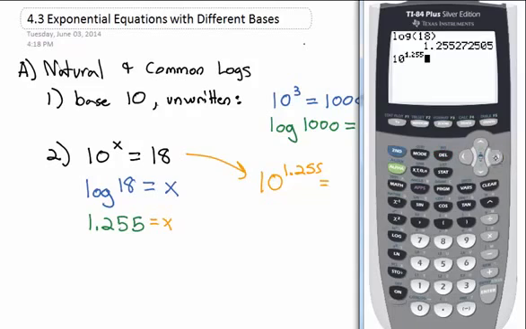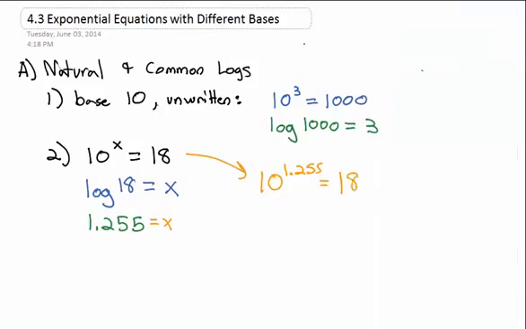So 10 to the 1.255 power, hit enter, and it's 17.98. If you round that up, it's 18. And because we rounded our exponent down, we ended up rounding down the answer. But it's essentially, if we round it just to the tenth place even, 18.0.